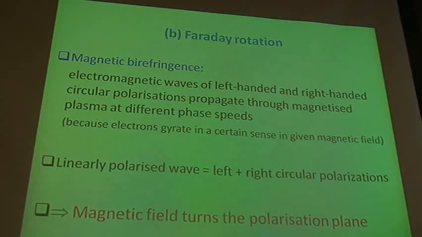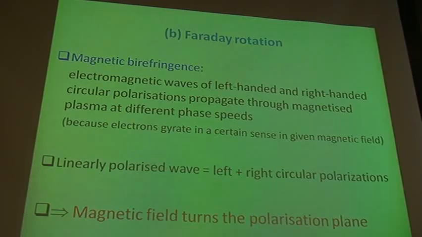Now there comes an electromagnetic wave, circularly polarized, whose electric vector also rotates. If this rotation agrees with the direction of magnetic field, so it pushes electrons in the same direction where they want to go, obviously the electrons will be happy to help this wave to propagate. And this wave will propagate at higher speed, higher phase velocity.